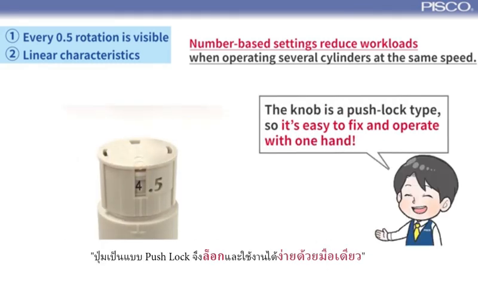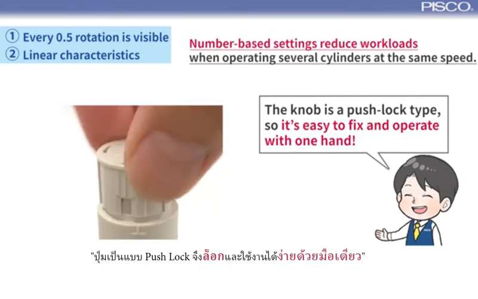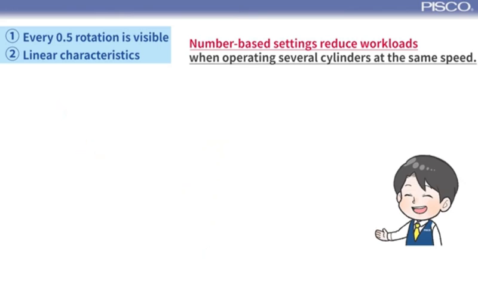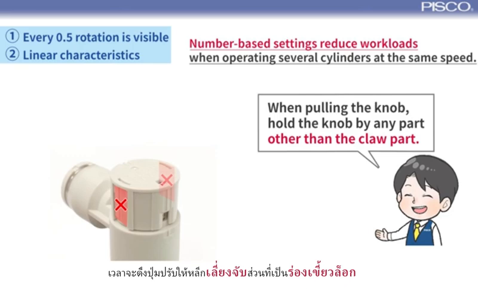The knob is a push-lock type, so it's easy to fix and operate with one hand. When pulling the knob, hold the knob by any part other than the claw part.